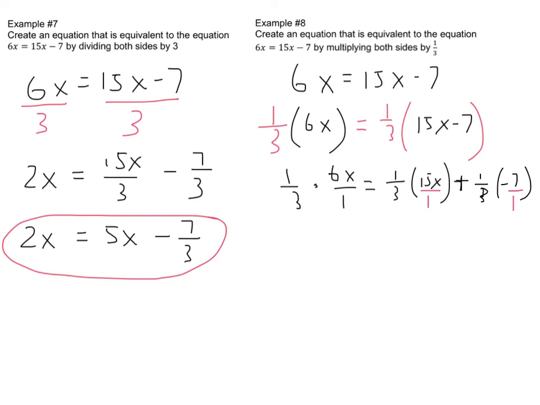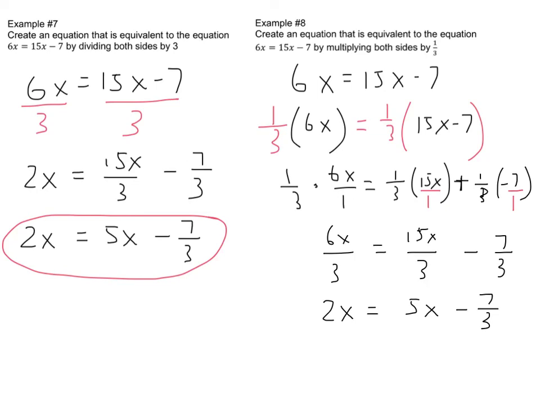We get 6x over 3, and then we get 15x over 3, and then a positive times a negative is going to be a negative, negative 7 over 3. Interesting. Let's simplify this further. We get 6x divided by 3, which is 2x, and then 15x over 3 is 5x, and then lastly we have negative 7/3.